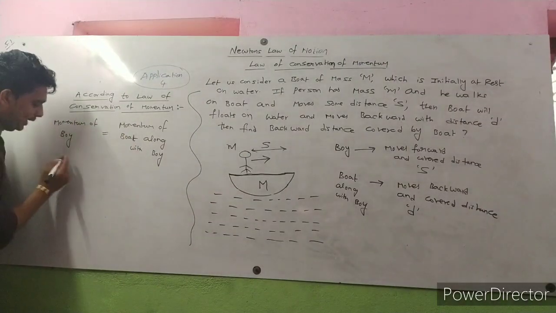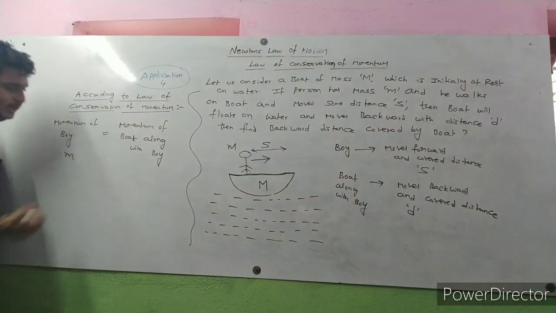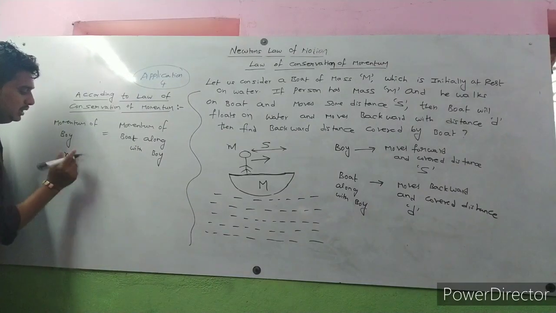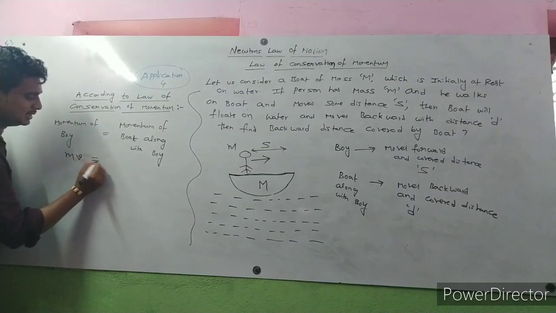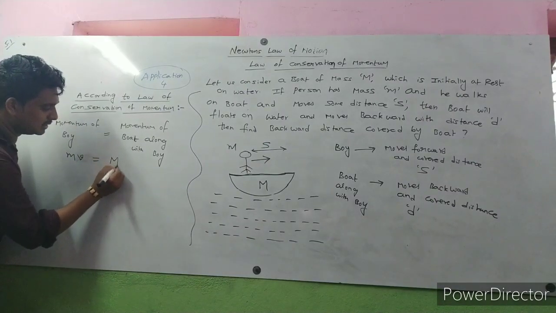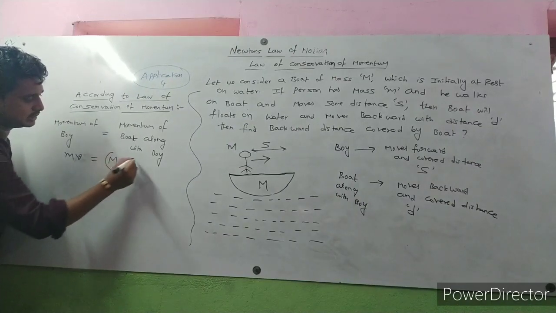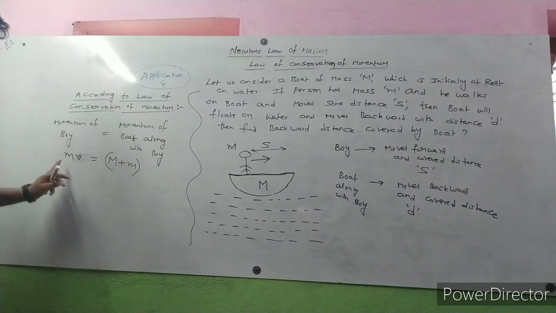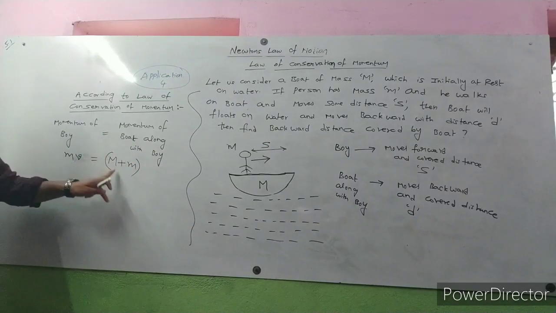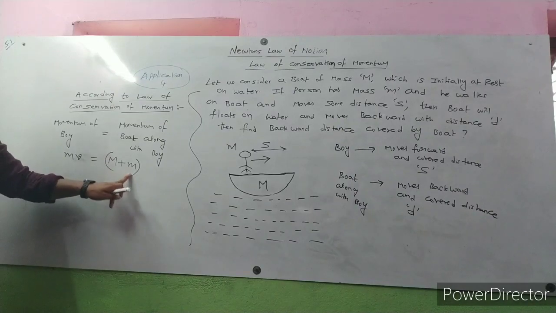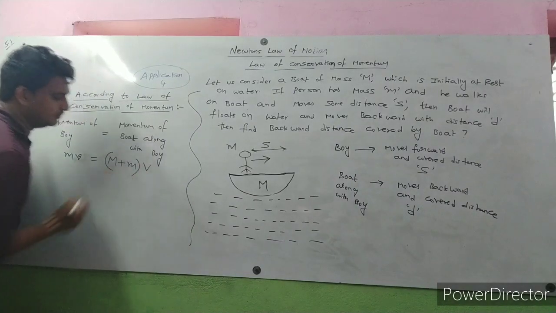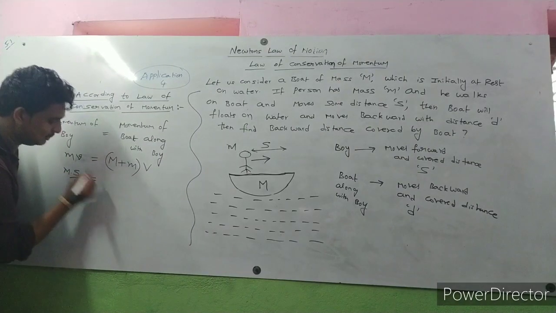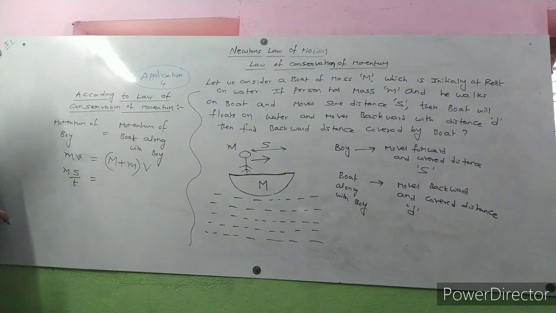For example, the mass of the boy is small m, and let us consider small v as the velocity of the boy. The mass of the boat is capital M. Momentum means mass into velocity: mass of boy into velocity of boy equals mass of boat along with the boy into velocity capital V. Here velocity means distance by time. The boy covered distance s in time t.